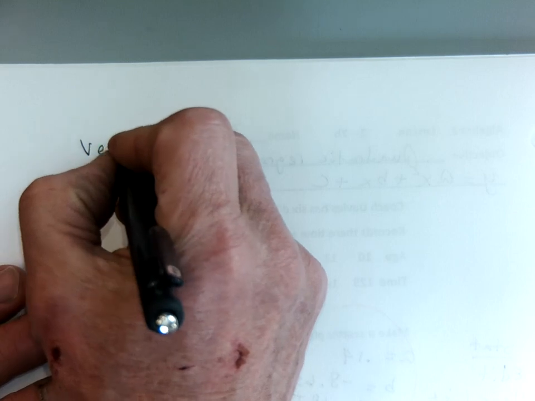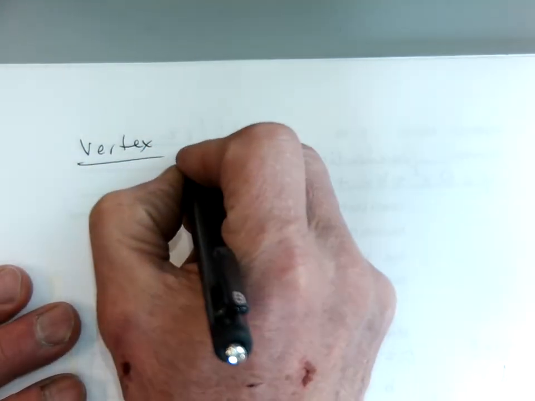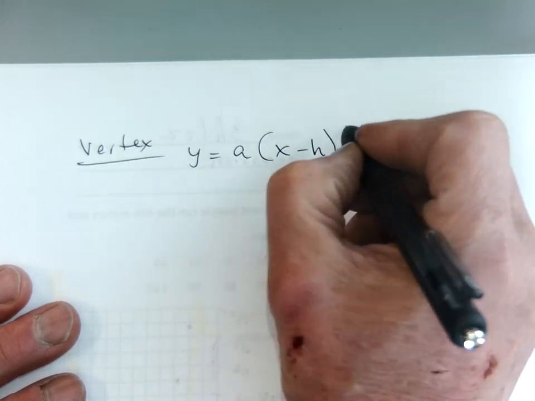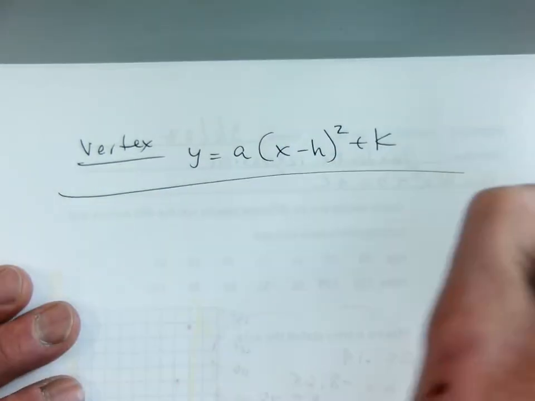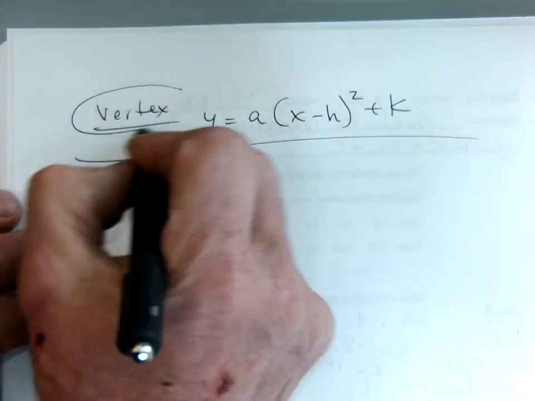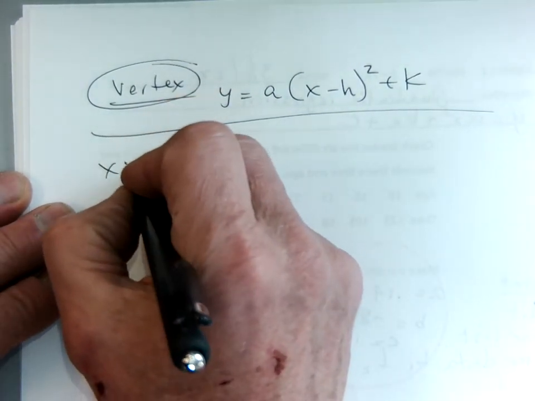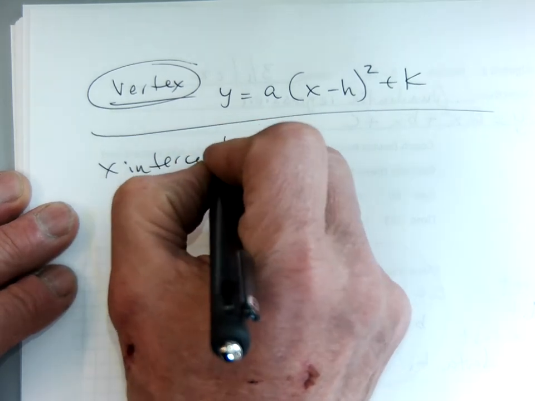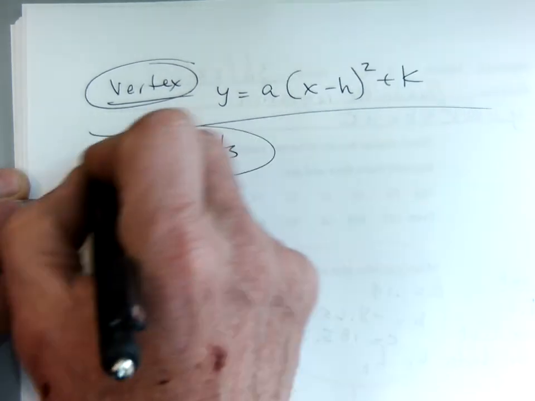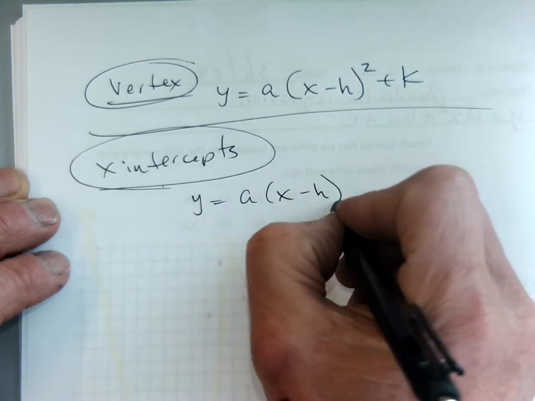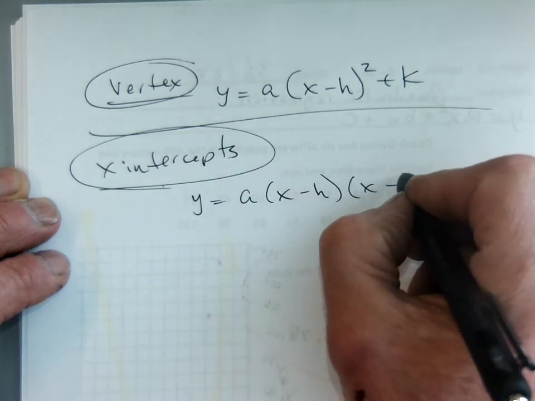So if you have a vertex, you would use y equals a times x minus h squared plus k, correct? If you know the vertex. If you know the x-intercepts, you would use y equals a times x minus h times x minus k, right?